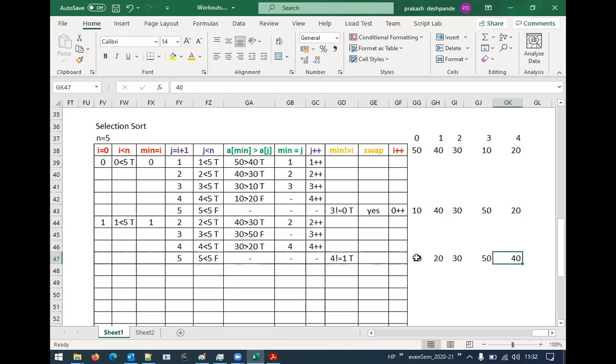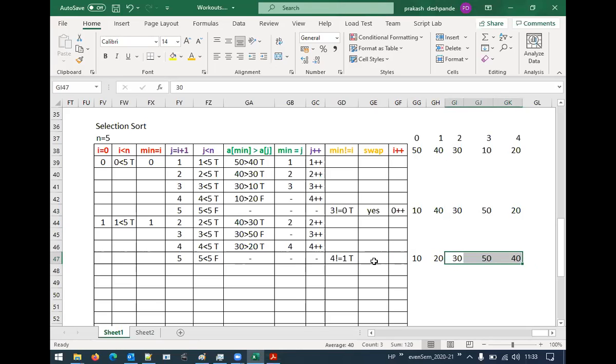Again, in the second pass, that is the outer for loop iteration, with the remaining numbers, the smallest number was placed at the beginning here. So that 20 came. Right? That means at the second pass, the first 2 numbers are properly placed.